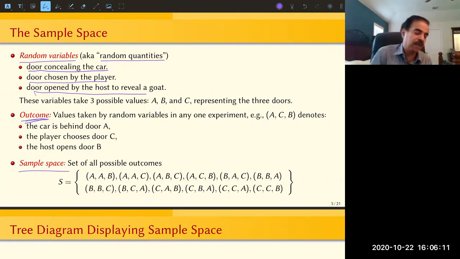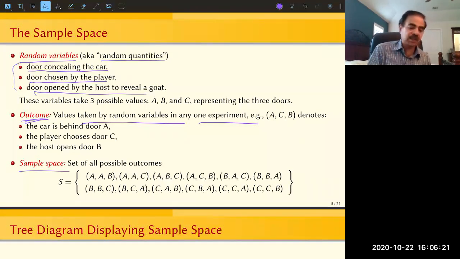So an outcome refers to the values taken by the random variables in any one experiment, okay? And if there are three random variables, then we are going to use a sequence of three to refer to the values of those random variables, okay?